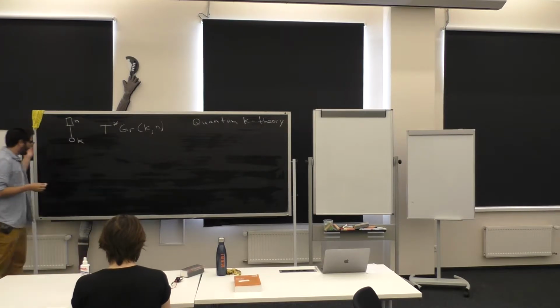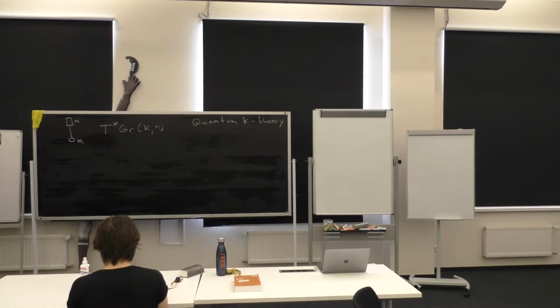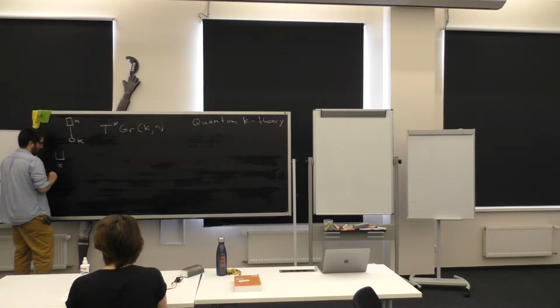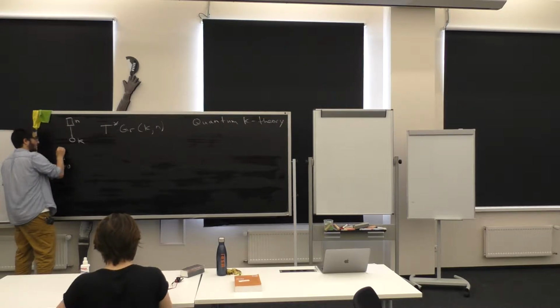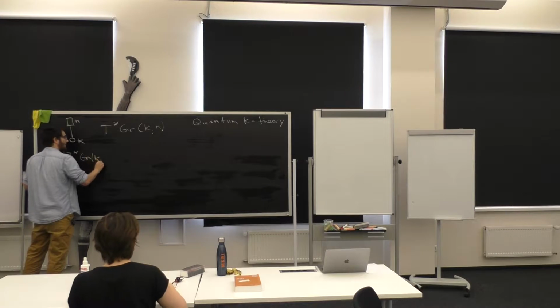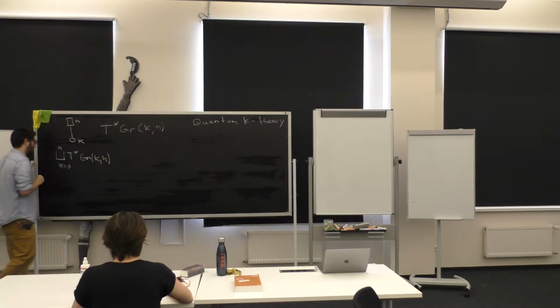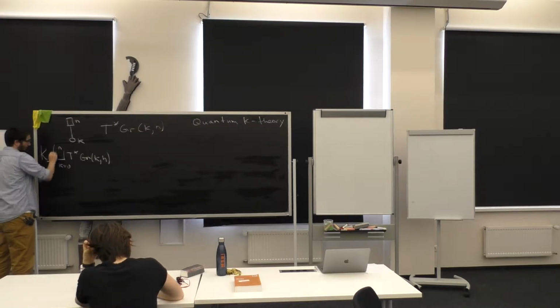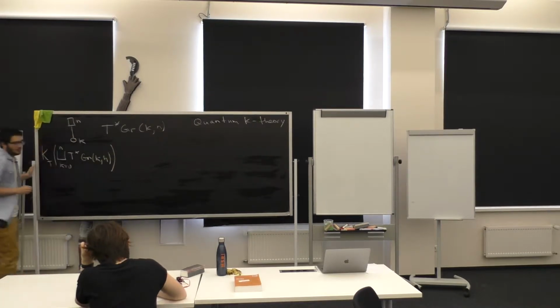As was already mentioned in today's lecture, of course, we have to consider the union of all these, from k equals 0 to n, of the T star Grassmannian(k,n). And then we're going to consider the equivariant K-theory of this. Now, what's the torus acting in this case?